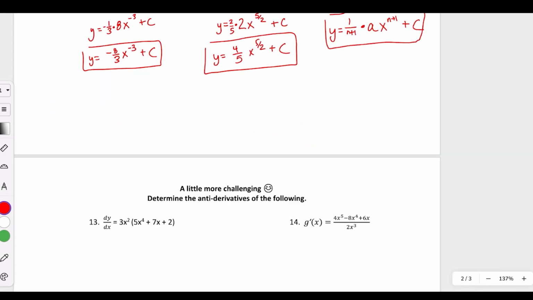Make this a little smaller here. You must include the plus c. That's going to be something that's easy to forget. But if you get in the habit of just doing it every time, it'll become part of the process. Any questions so far?